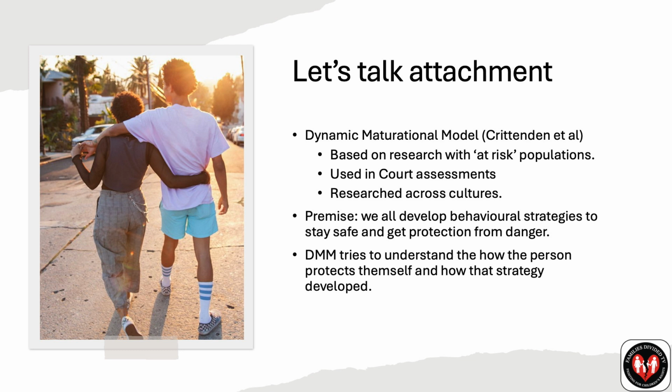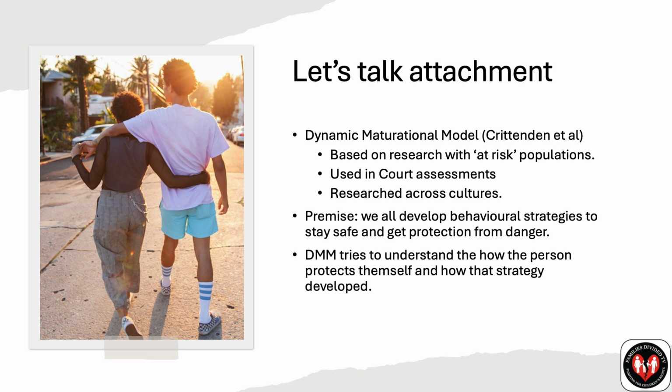So the underlying premise of the DMM, I'm shortening the dynamic maturational model of attachment and adaptation, is that we all develop behavioral strategies to stay safe and to get protection from danger.